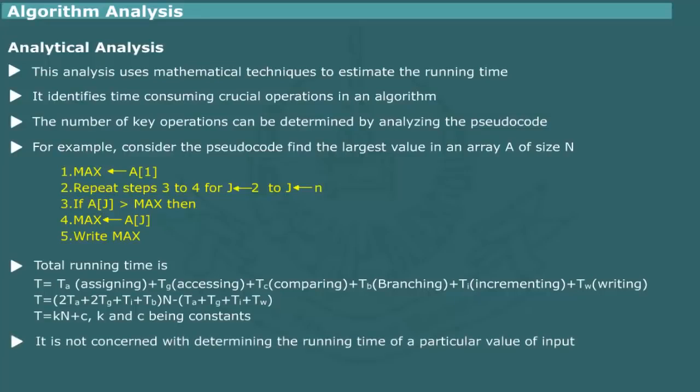An important point to bear in mind is that algorithm analysis is not concerned with determining the runtime for a particular value of input. Rather, the analysis is carried out for the entire range of allowed values. Algorithm growth rates.